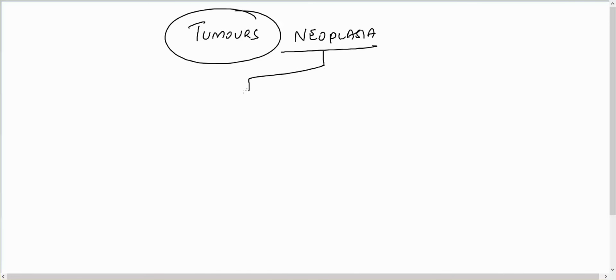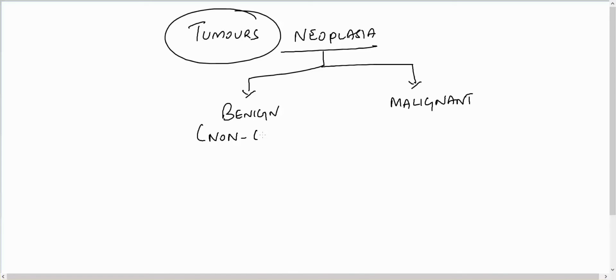One is benign, the other one is malignant. In a colloquial way of telling, benign means non-cancerous tumors, and malignant means cancerous tumors.